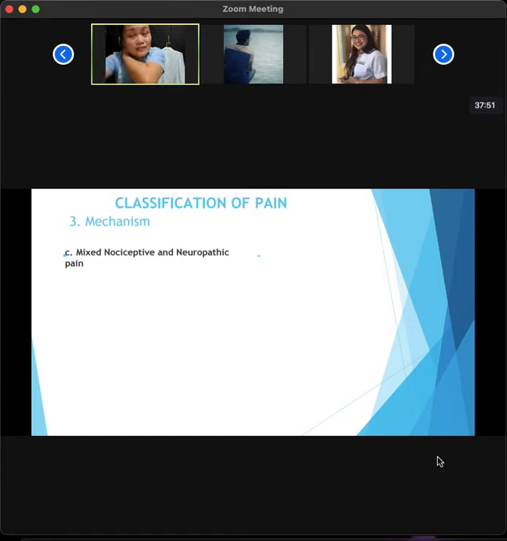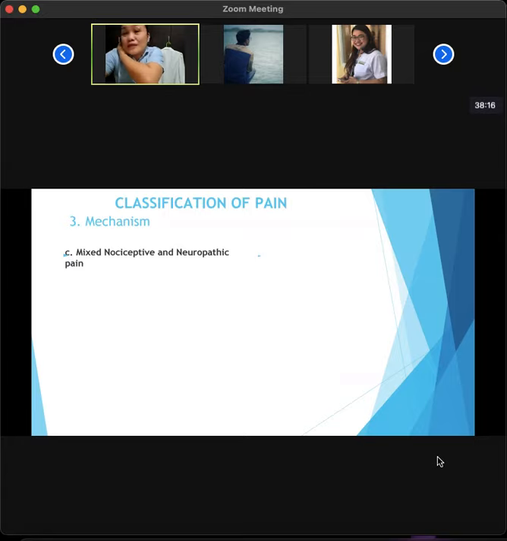Acute if less than 3 months. Chronic if more than 3 months. Okay? And then for the cause, can be cancer or non-cancer. Obvious naman yung cancer, di ba? Non-cancer, it can be injury or pwede rheumatoid arthritis.